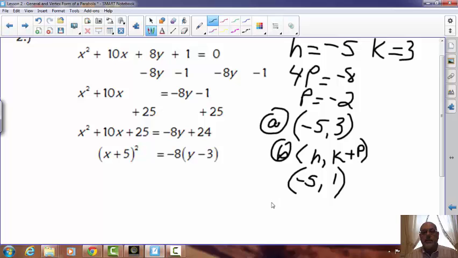The axis of symmetry, since this opens up and down, will be a vertical line. So the axis of symmetry is x equals h, so x equals negative 5.